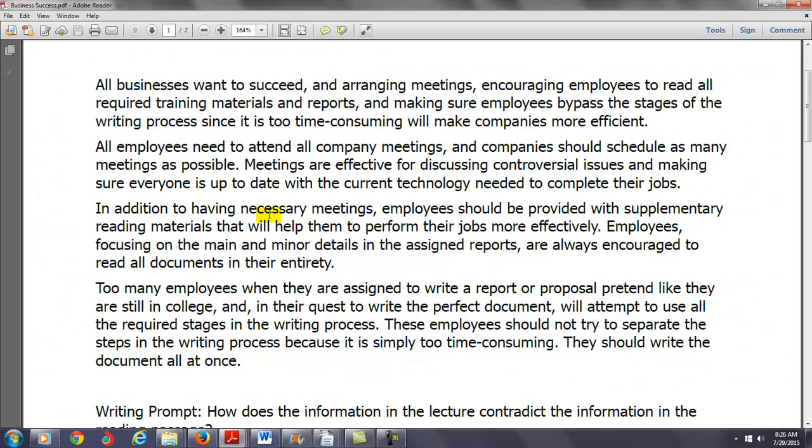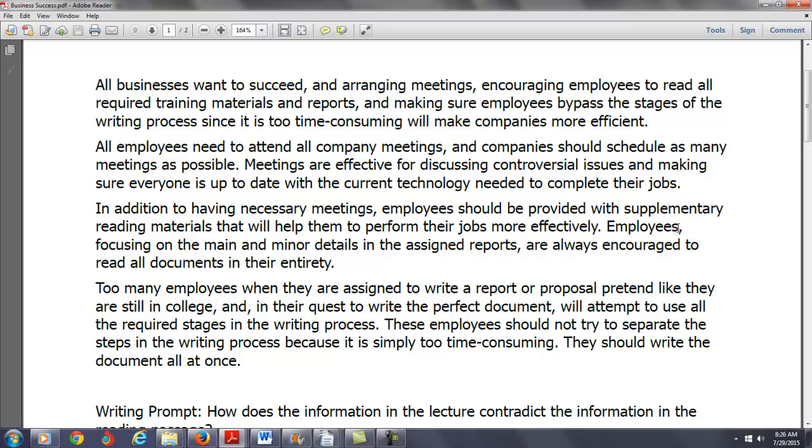And if we look at the actual reading passage, it says, employees should be provided with supplementary reading materials, not just preparing materials, but that's not really the main point. Here is the main point. It's actually the last sentence of the paragraph, because the assertion here is that employees are encouraged to read all documents in their entirety.